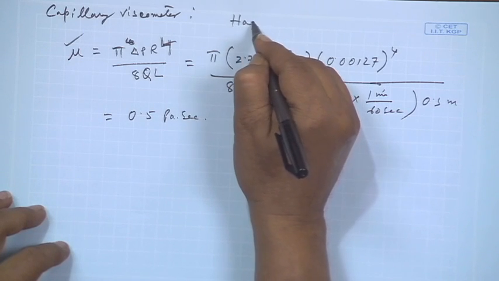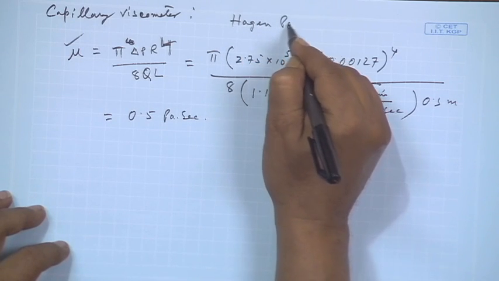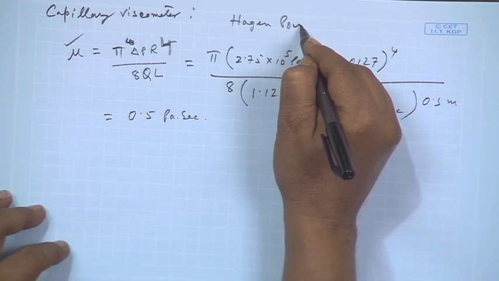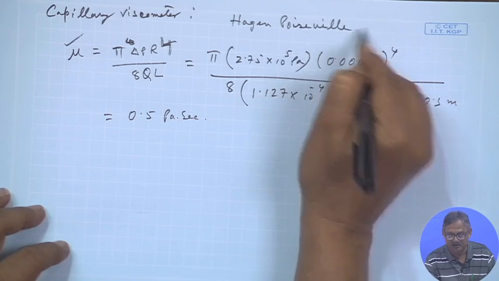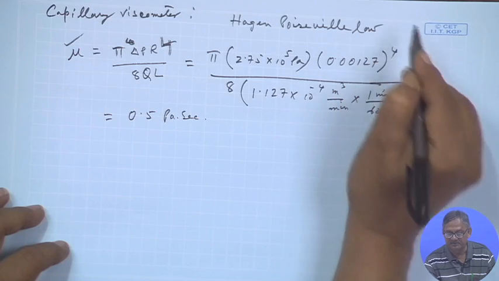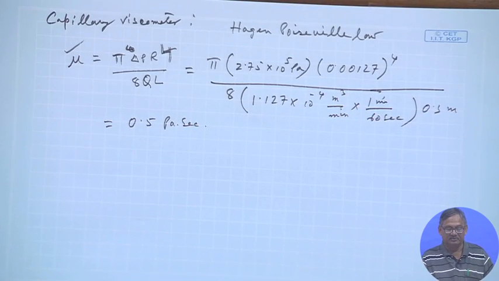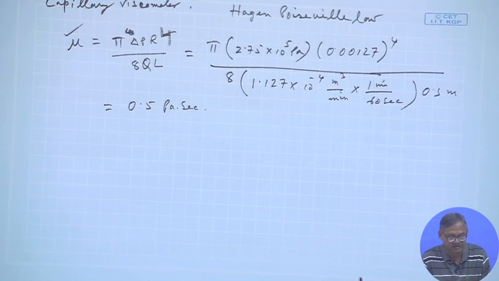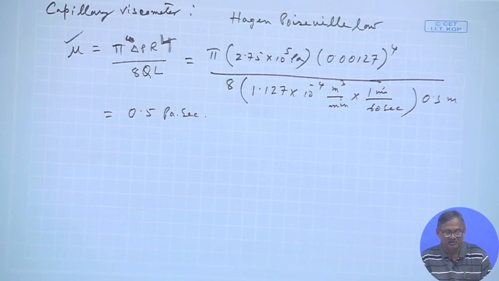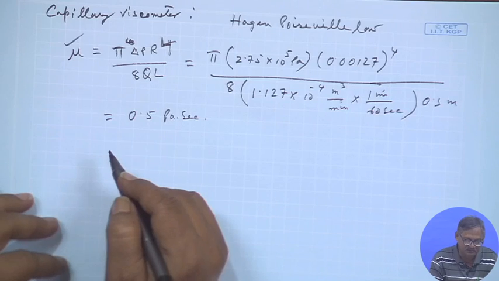So, viscosity we found out. Using the Hagen-Poiseuille law we found out the viscosity, what the value is. Now, we find out Reynolds number.